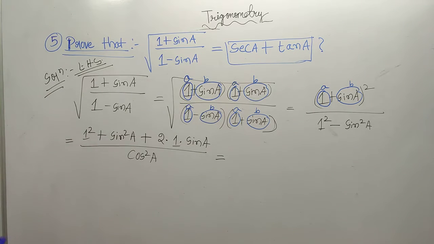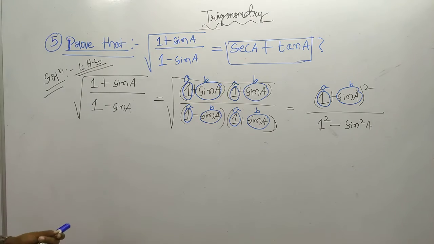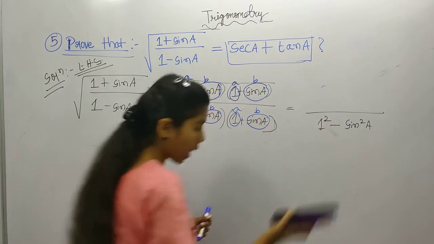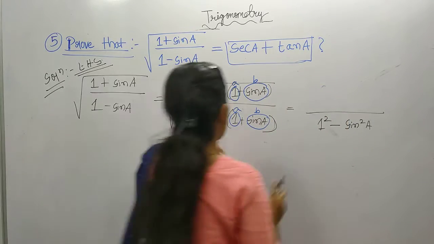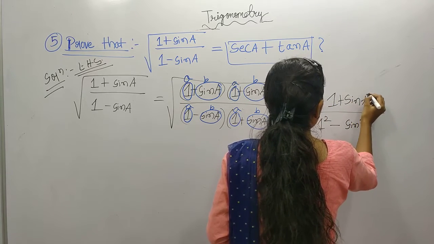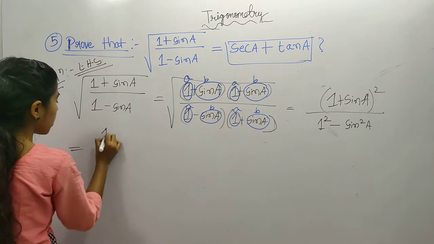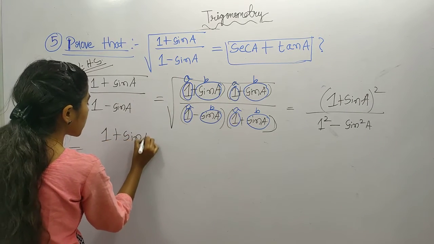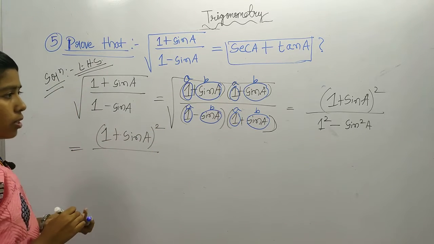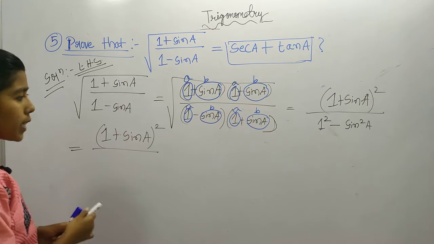So instead of that, we can write directly without putting the formula, 1 plus sin A whole square. Let it be as usual. If we open the bracket with the A plus B whole square formula, then it didn't come. So now we will see next.